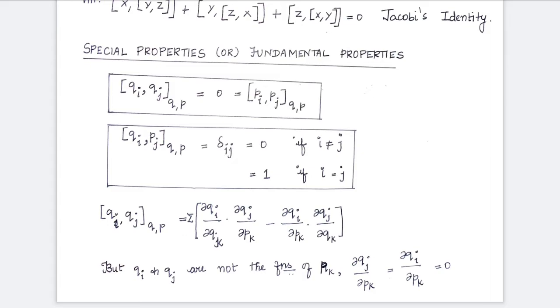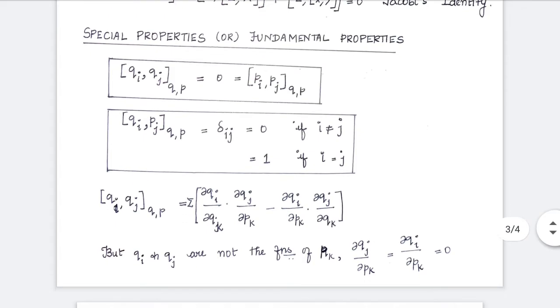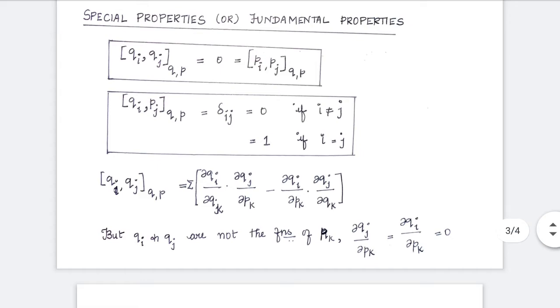The first property is the Poisson's bracket of Qi with Qj. Expanding using the definition of Poisson's bracket, we get the sum over k of dou Qi by dou Qk into dou Qj by dou Pk, minus dou Qi by dou Pk into dou Qj by dou Qk.